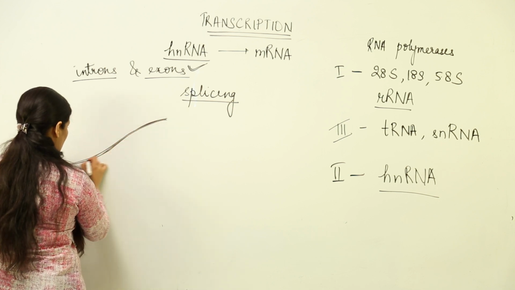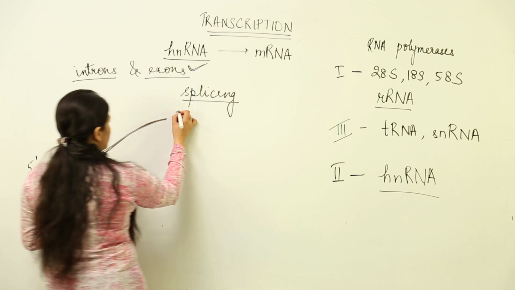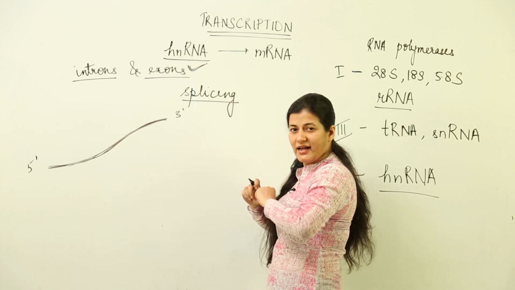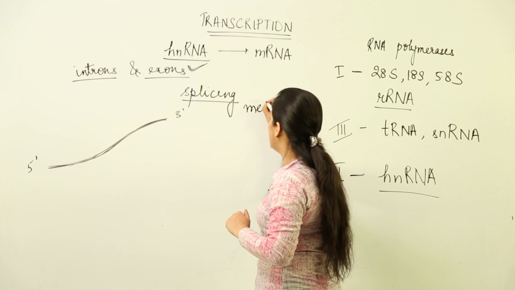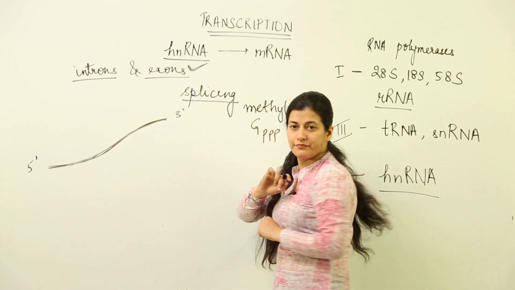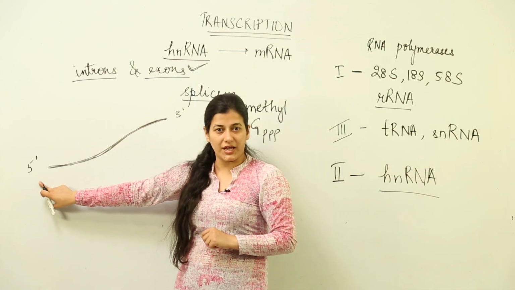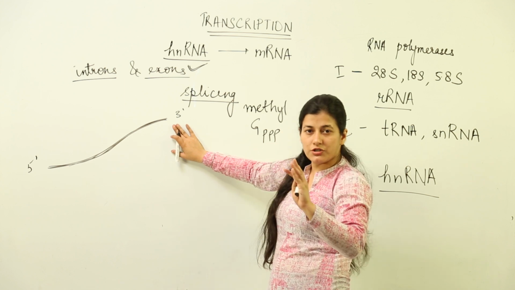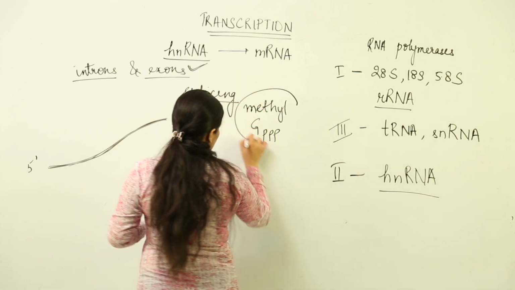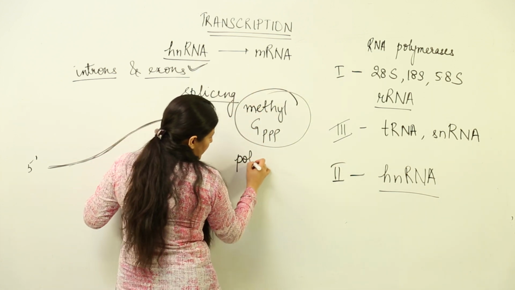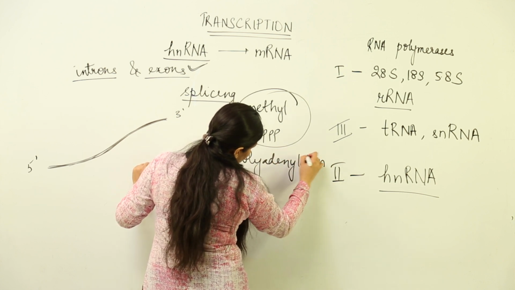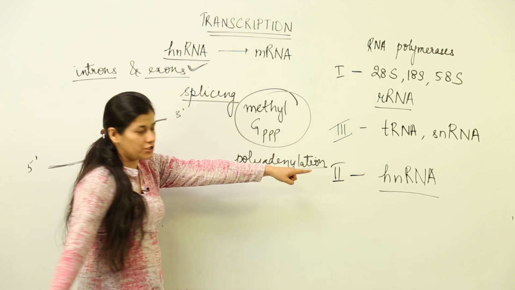Supposedly, hnRNA is here. Firstly, at the 5' end, you are going to add a special type of nucleotide known as methyl guanosine triphosphate. The second step is polyadenylation, which gives additional stability to hnRNA.